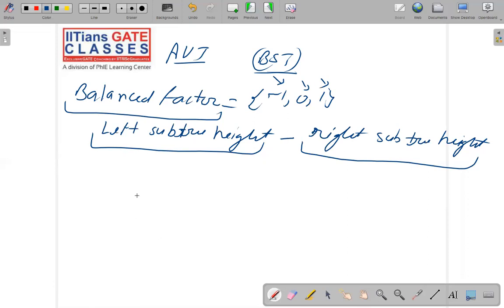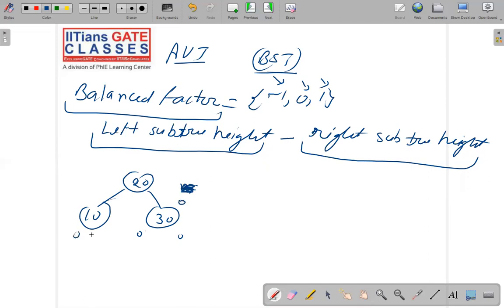So let's see some example. For example, if this is a tree, like we have 20, 10, and 30. What is the height of the left subtree here? It is 0. What is the height of the right subtree? It is 0. If you subtract them, the balance factor, BF, I am saying balance factor, okay? So the balance factor here is 0.